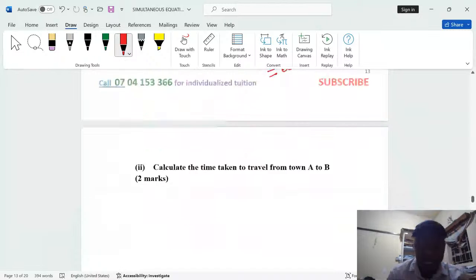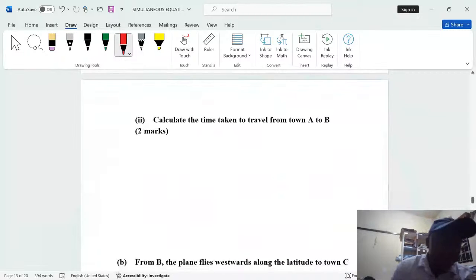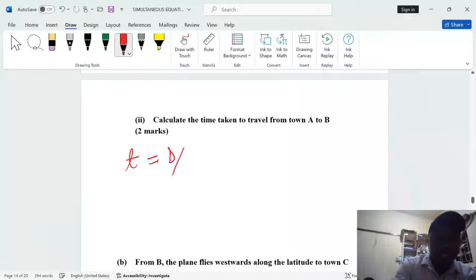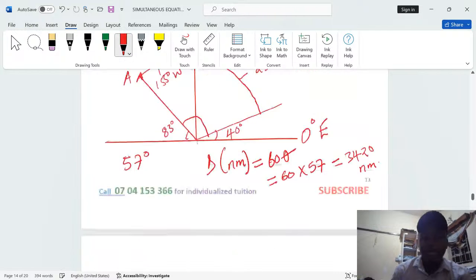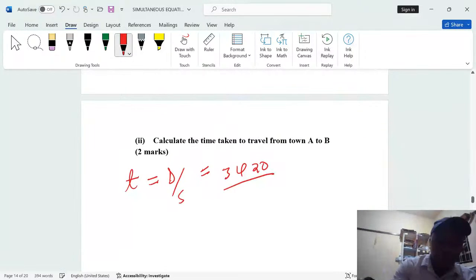Calculate also the time taken to travel from A to B. Time taken is usually given by distance out of speed. So a distance of 3420 and a speed of 450. Yeah, these are nautical miles. So we divide by 450, the speed.